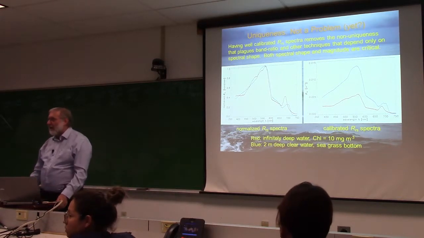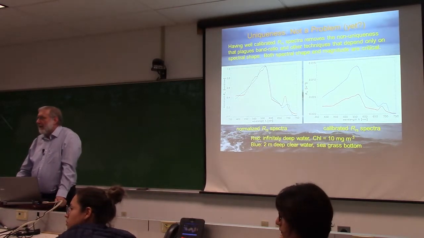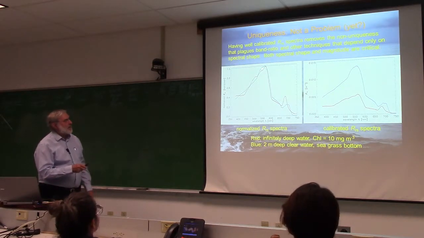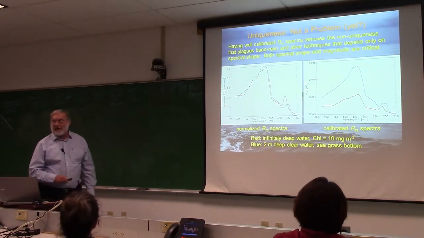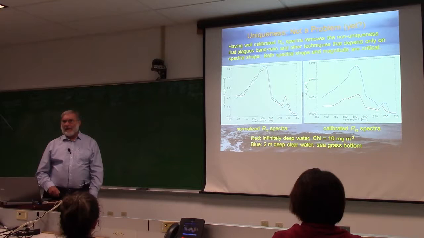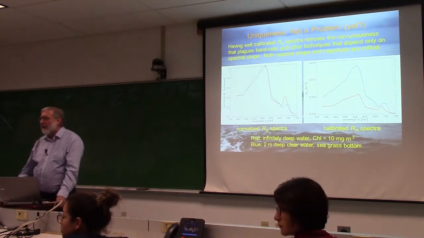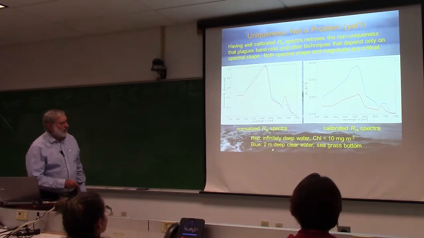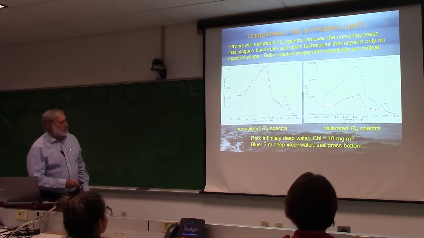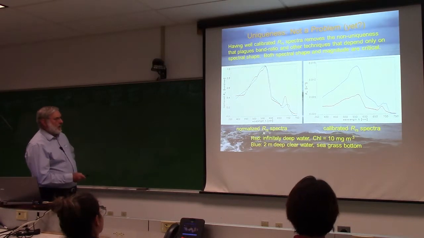Yeah, Mortimer. It's just that I took the maximum value, set it equal to 1. Yeah. Your explanation is opposite. Oh, did I? Okay, wait a minute. The blue is the deep water. Hang on. Red is the infinitely deep water.